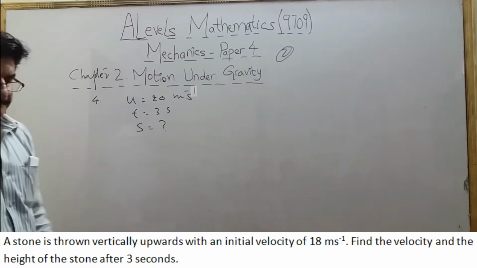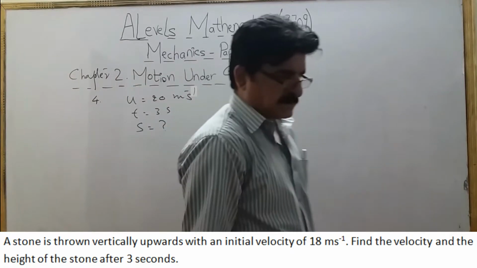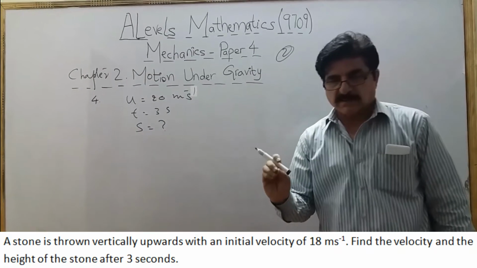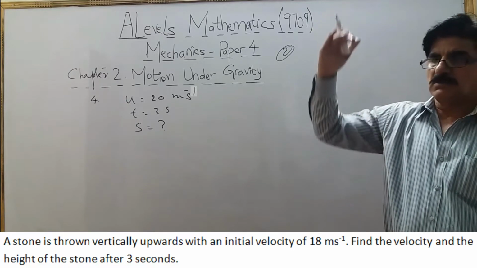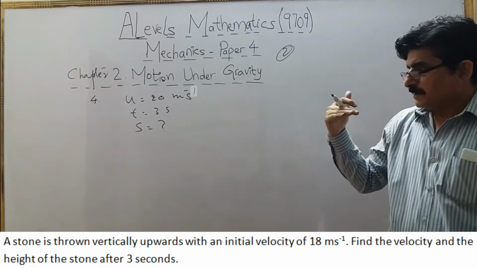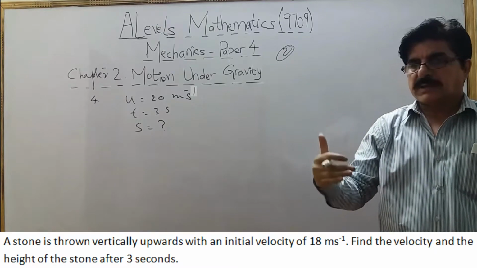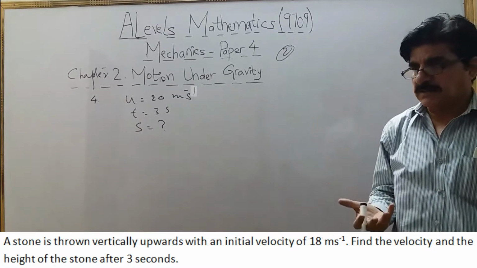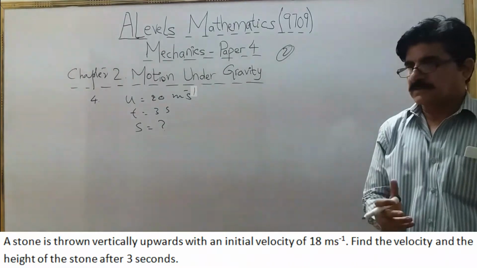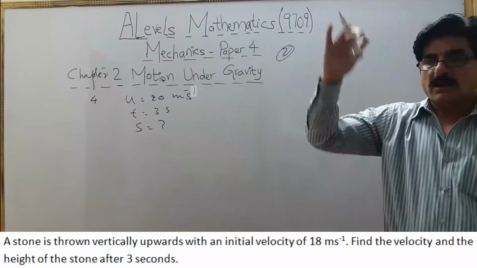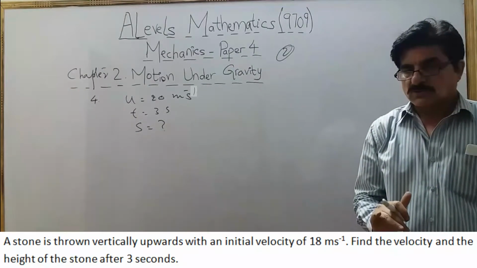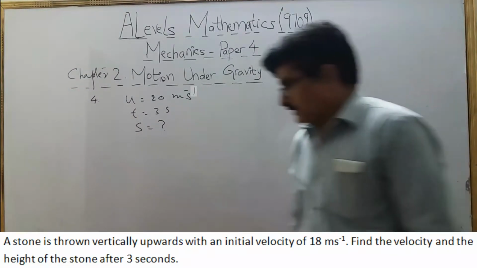In this question we are not being told what the time to reach maximum height is, whether it is 3 seconds or less than 3. First we have to verify it, that after 3 seconds whether it will be moving upward or downward.